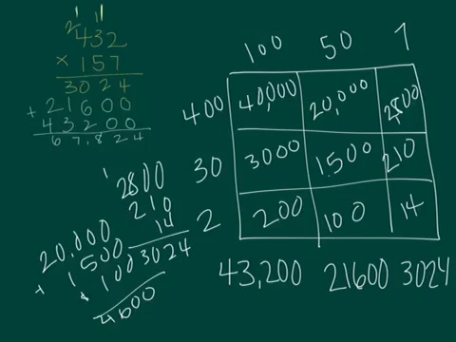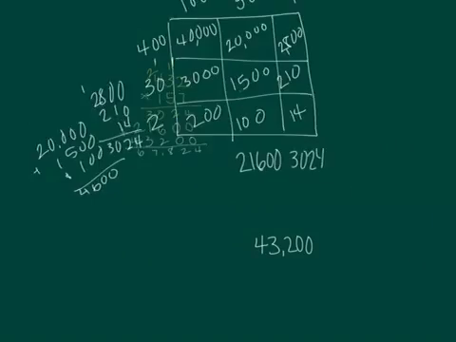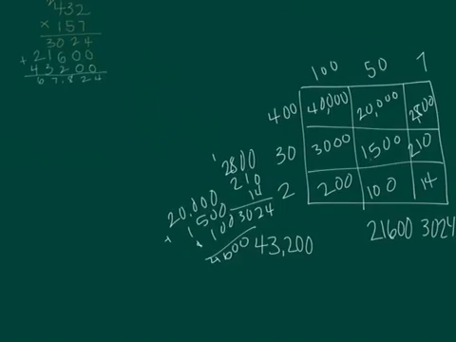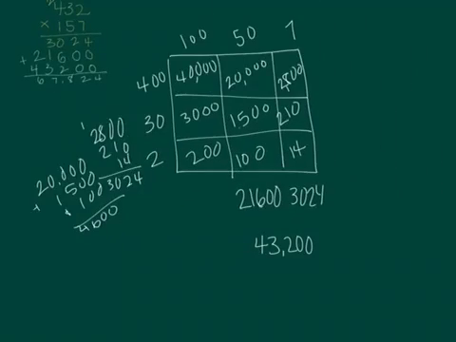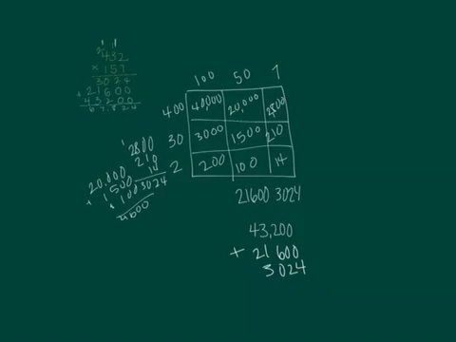Next thing I need to do is add up all three of my partial products. I'm going to go ahead and give myself just a little bit more room as we're working. Here we go. I'm going to line up each of my partial products with one another and add up each digit.